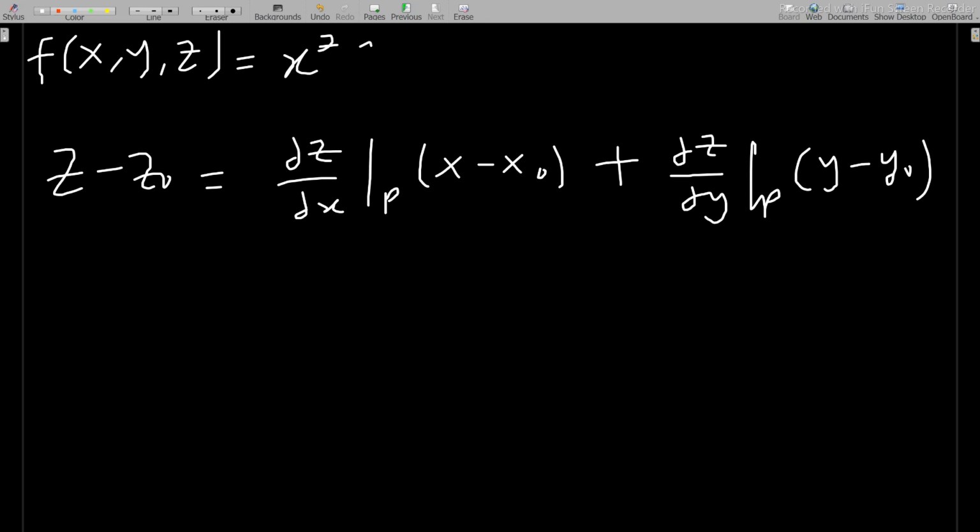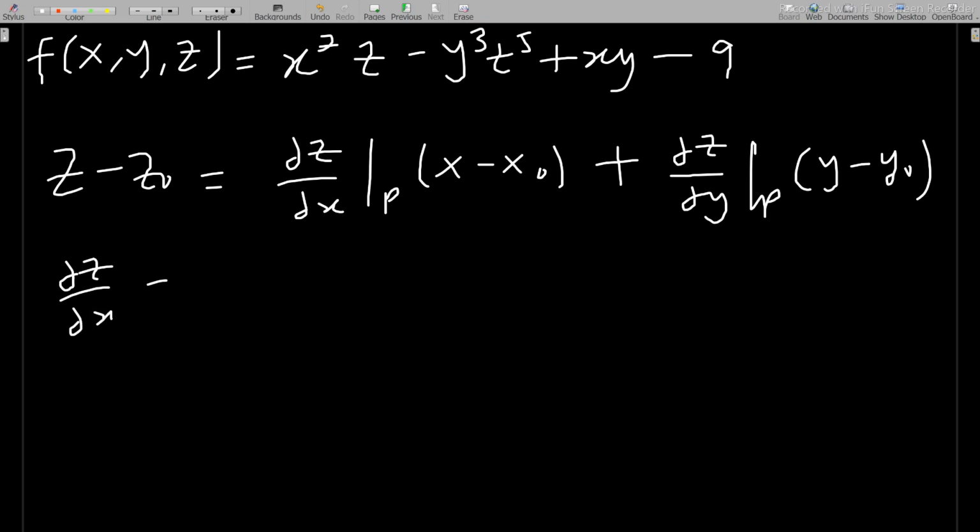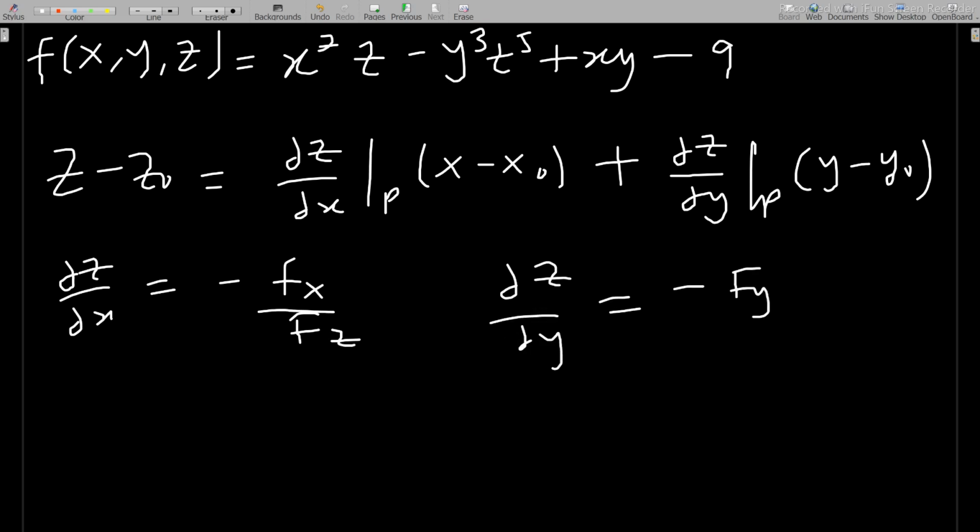Now you said del z del x is equal to minus fx over fz, and del z del y is equal to minus fy over fz. I hope you can see this.